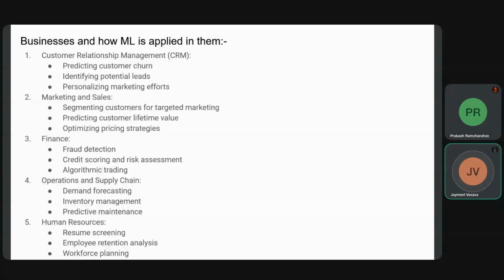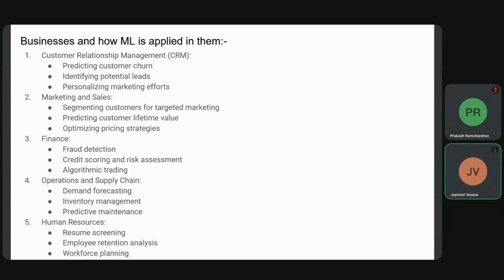In finance, there is fraud detection, and for low risk and high risk customers, credit scoring and risk assessment can be done, and algorithmic trading. Then comes operations and supply chain: demand forecasting, inventory management, predictive maintenance. In human resources: resume screening, employee retention analysis, and workforce planning.